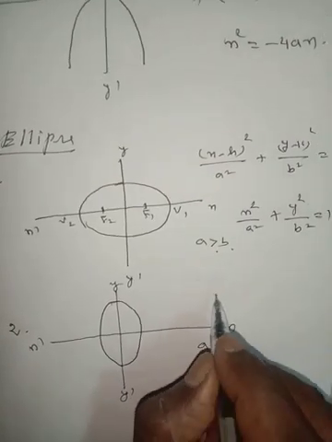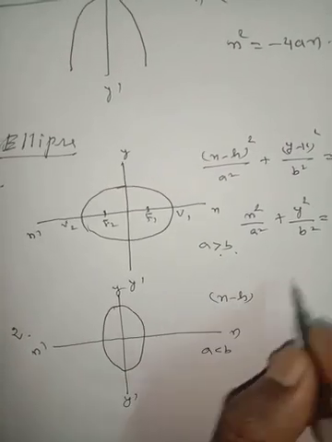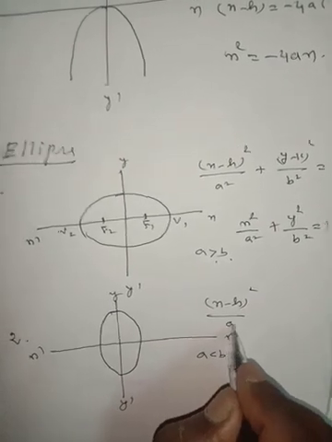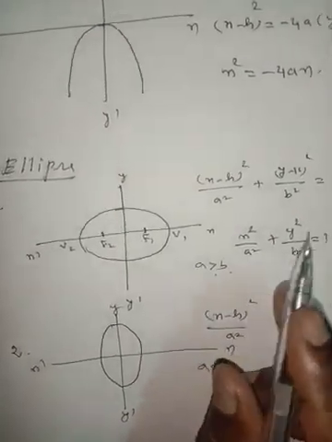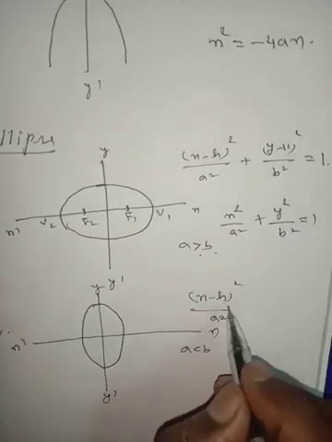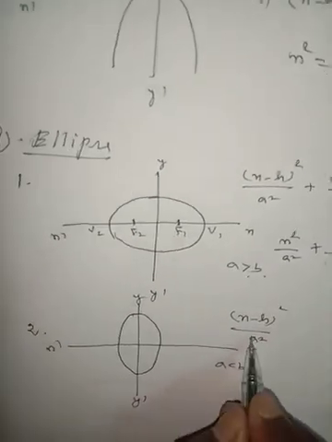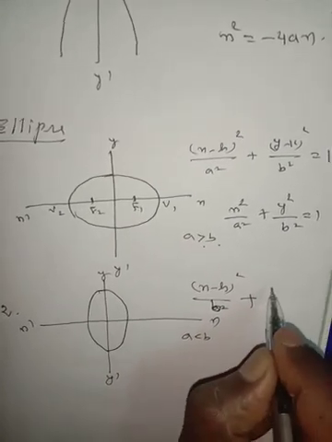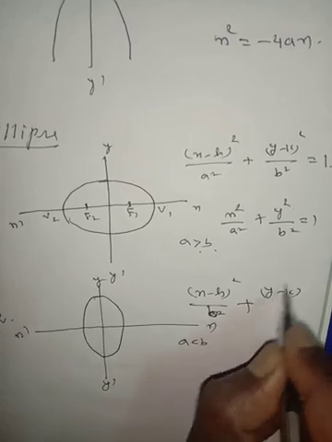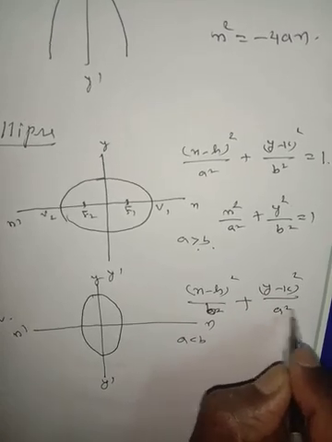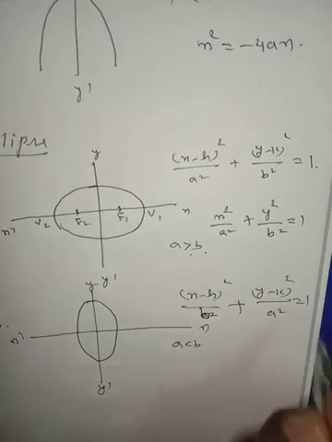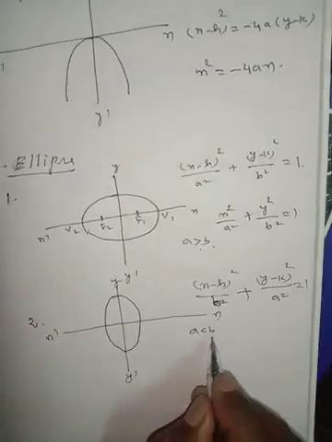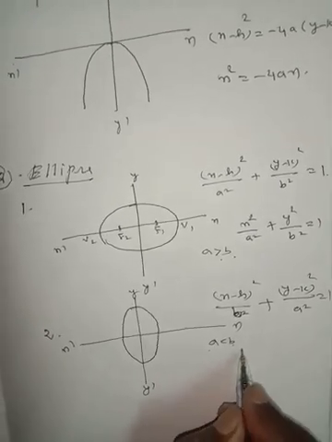The general equation is x minus h whole square divided by b square plus y minus k whole square divided by a square is equal to 1. In this case, a and b are interchanging. B is greater than a, or a is less than b.